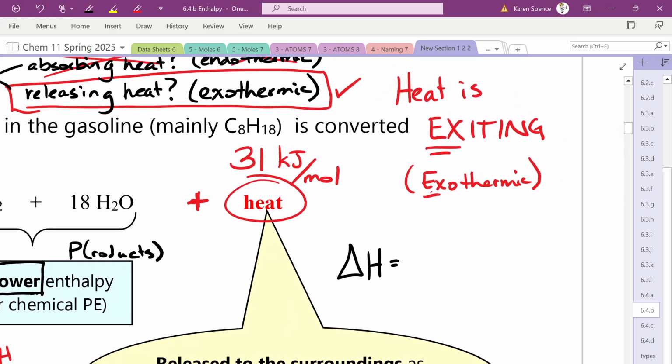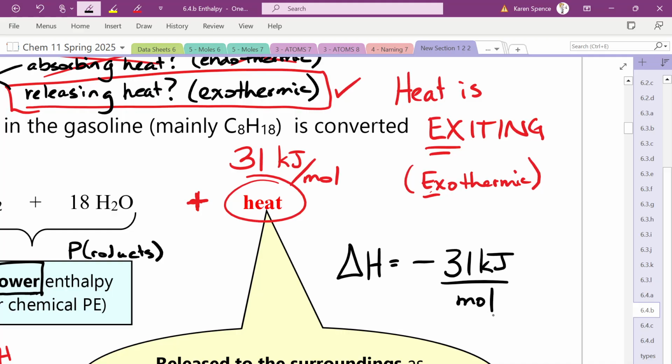So the change in enthalpy is negative 31 kilojoules per mole. We have 31 less kilojoules of energy stored in our chemicals. Did that make sense? Kind of. How are we feeling about that?